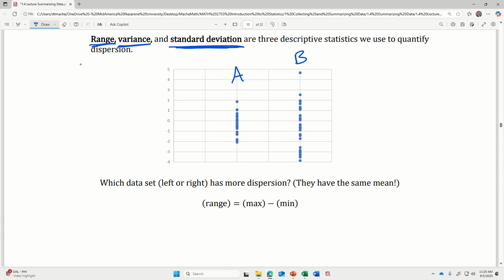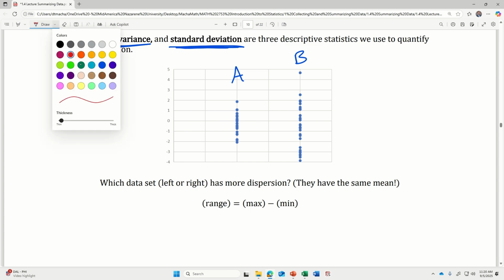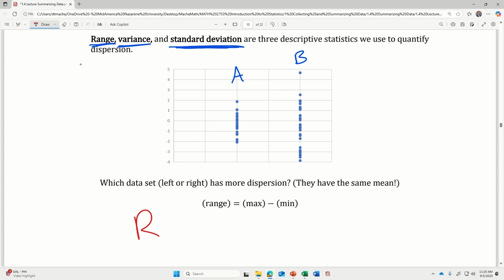One way to measure how dispersed my data set is is the range. And like it says here, the range is going to be the maximum value that I have in my sample minus the minimum value I have in my sample. In other words, it's telling me how much space there is between the top of my data set and the bottom. This is the range.